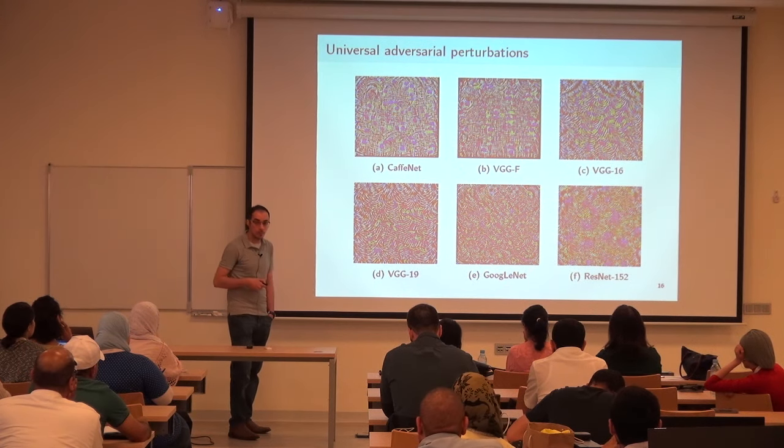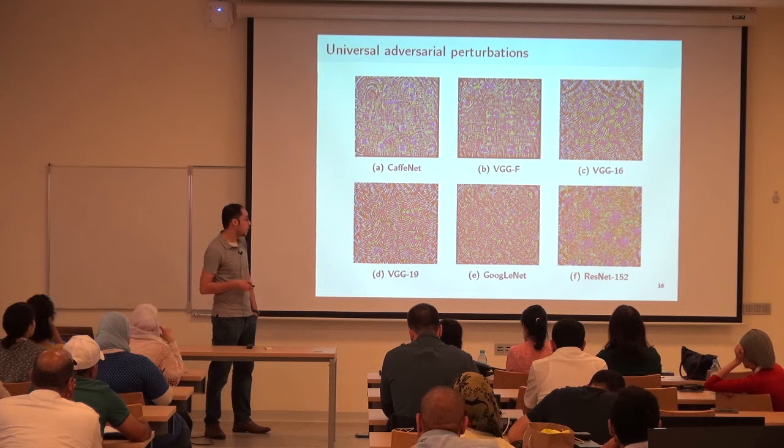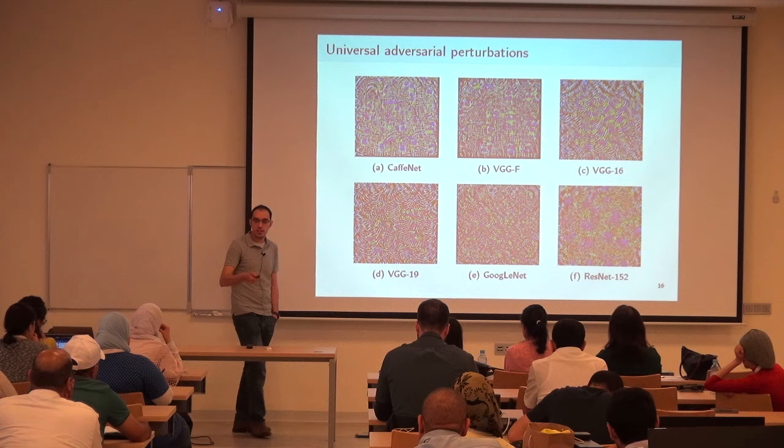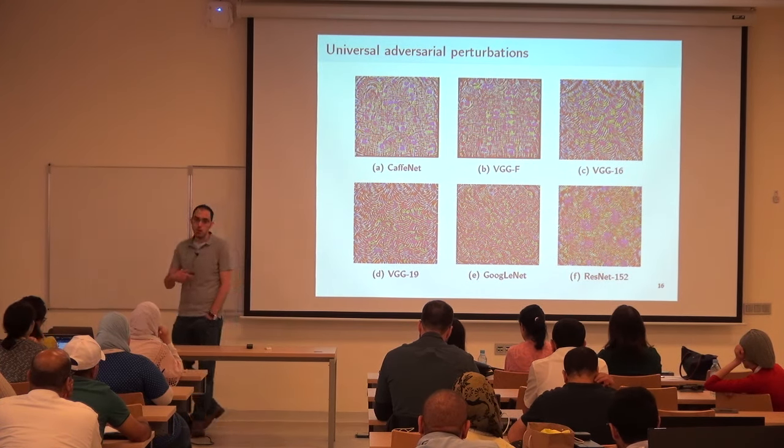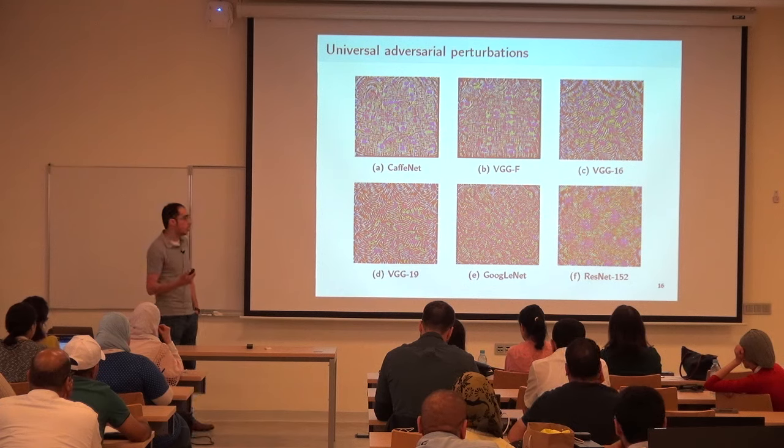But the interesting thing here is that they have a very similar structure. If you train your universal perturbation, let's say on GoogleNet, and then you try it on ResNet, for example, it's going to transfer very well, in the sense that it's actually doubly universal. So you don't even need to know what network you're going to try to fool.